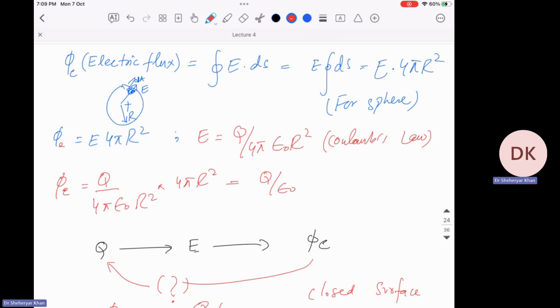If you look at the top, you would see that the electric flux phi E is actually equal to the integral of E dot dS. So this is the same derivation that we have done in the divergence part, right?